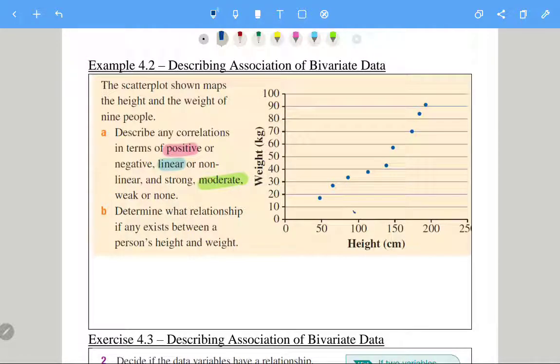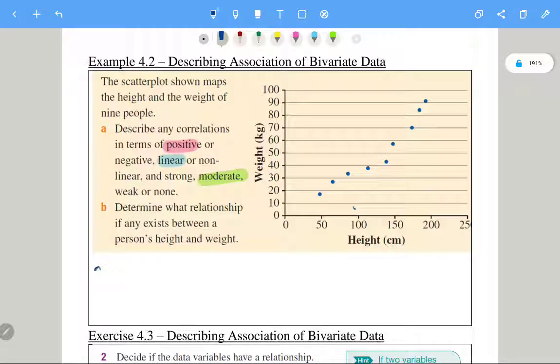So I'm going to call that a positive linear, I should use the word moderate. So it's a moderate, positive, linear correlation.